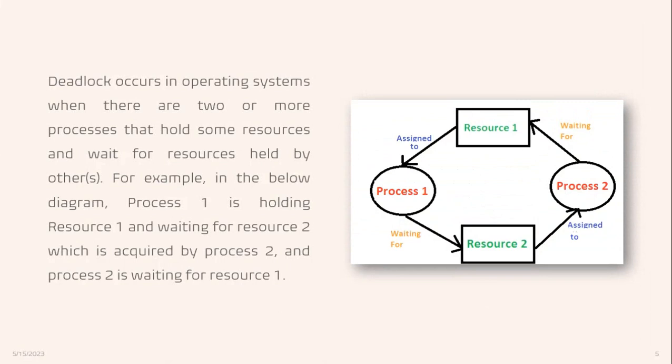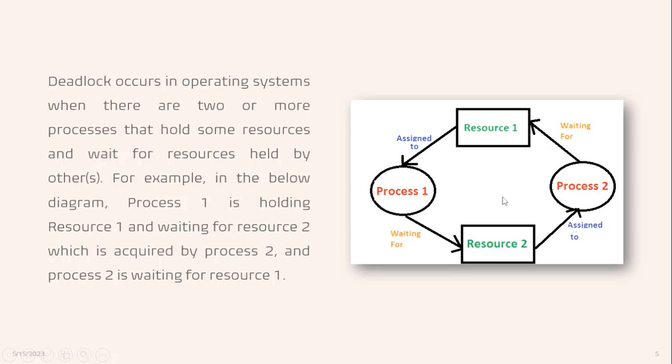Now talking in terms of operating system. Let's take an example of two processes, process 1 and process 2. Here in this example, process 1 is holding resource 1 and process 2 is holding resource 2. Resource 1 is assigned to process 1 and resource 2 is assigned to process 2.